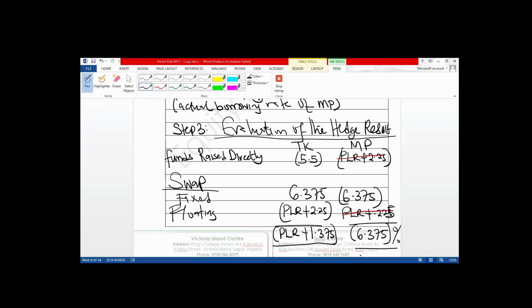Why? MP is locked to a fixed rate. MP will be at disadvantage because it's locked to a fixed rate of 6.375.